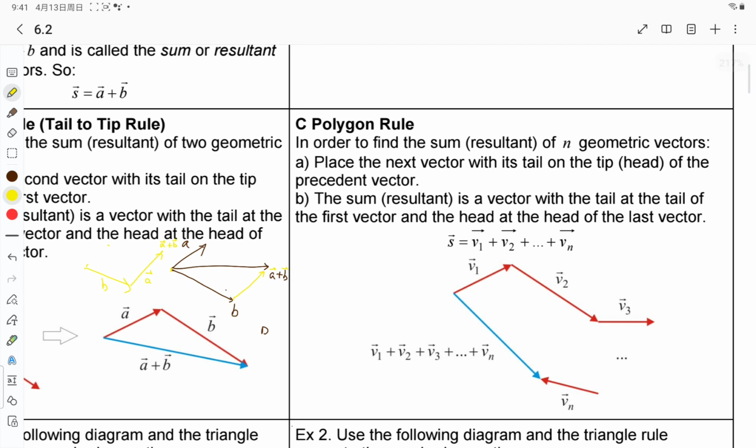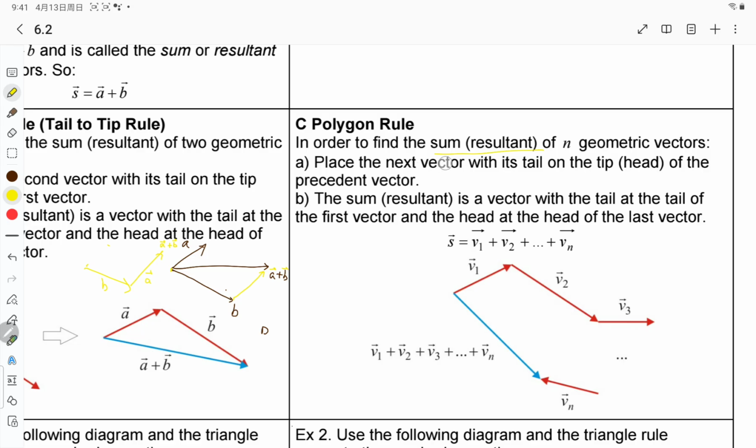And the polygon rule, I think there's nothing much to remember, but you should be familiar with this language. It is called a resultant, which is the sum of n geometric vectors.